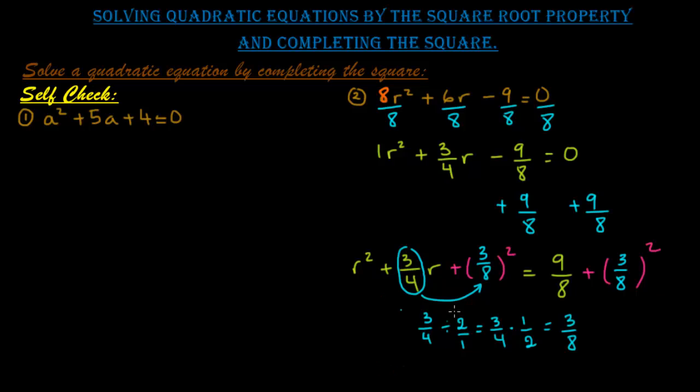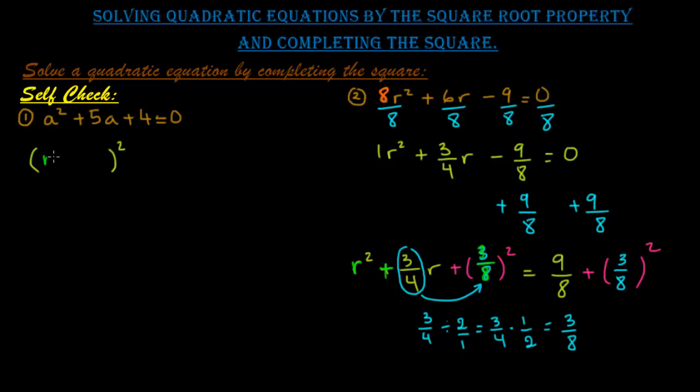As we learned before, I can go to the shortcut from this step. Our completed square will be parentheses squared. Inside the parentheses is the term we have: r, and 3/8 is the term we added, which is positive 3/8.